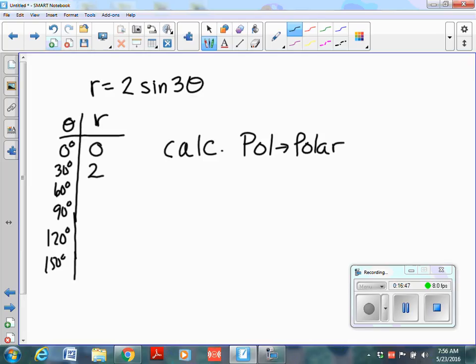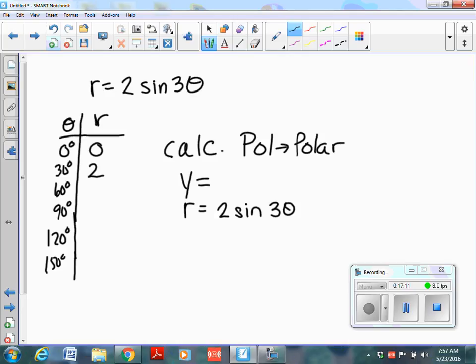Now, instead of function or parametric, we're in polar form, which is the fourth one down. I need you to hit your y equals button on your calculator. And as you can see, instead of y's or x's and y's, now we have r. And we're going to put r equals 2 sine of 3 theta into your calculator. So I'm going to give you some time.